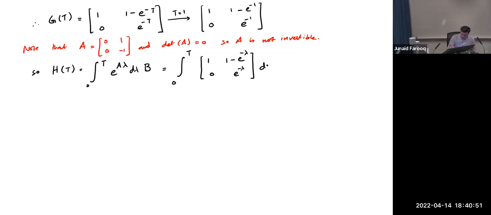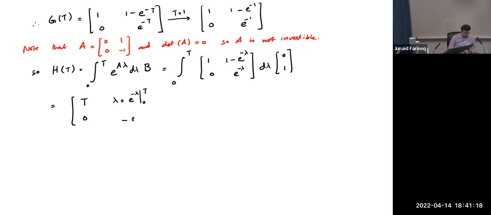So we have to integrate this, and we multiply with b, and b was 0, 1. So it turns out the integral of 1 is simply capital T. It will be lambda plus e to the power minus lambda, and we have to put 0 to capital T. This is 0.